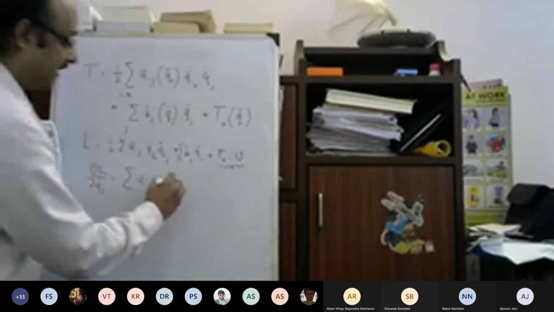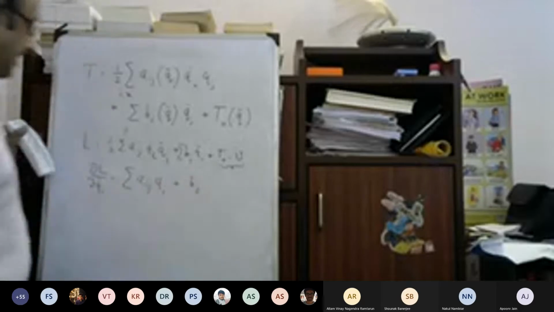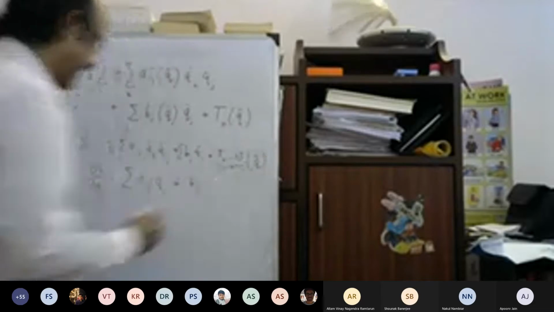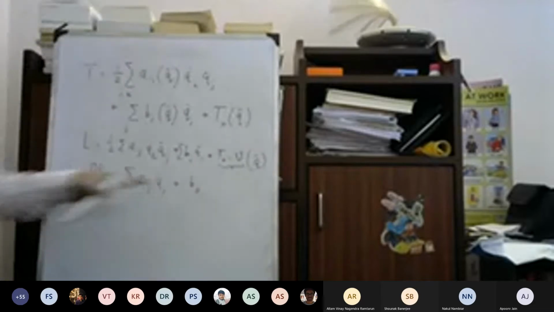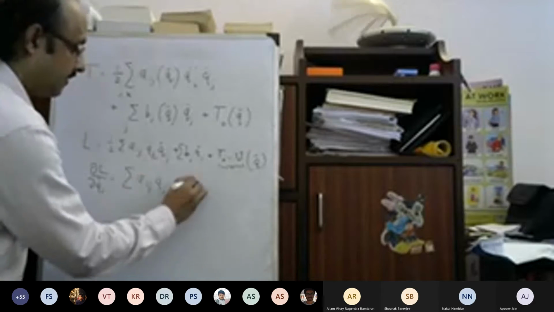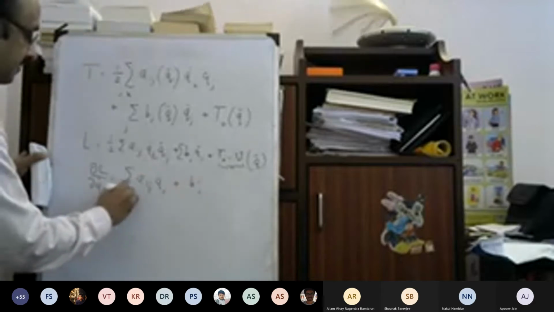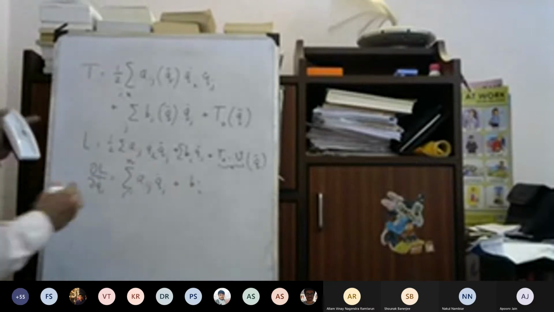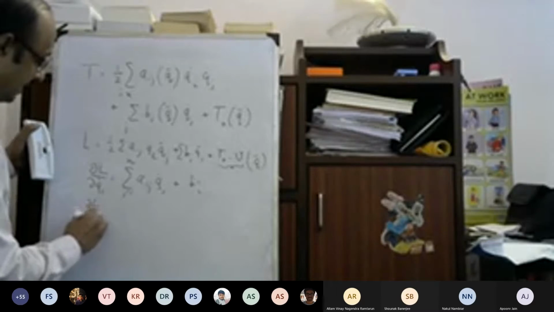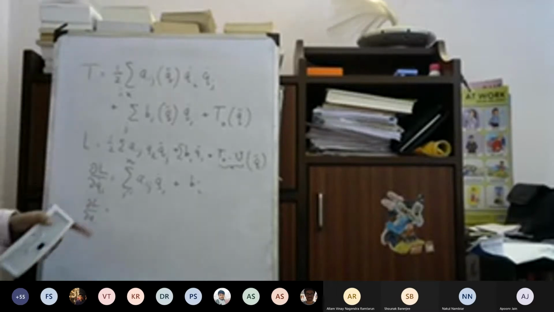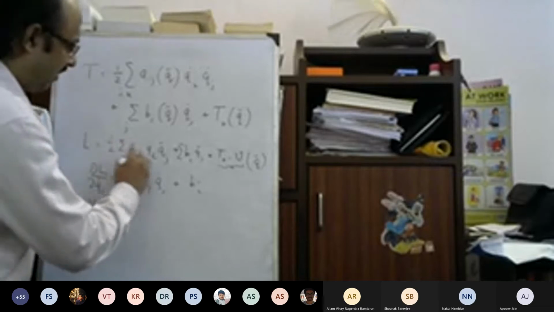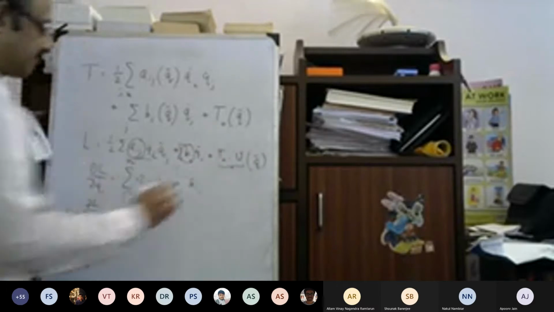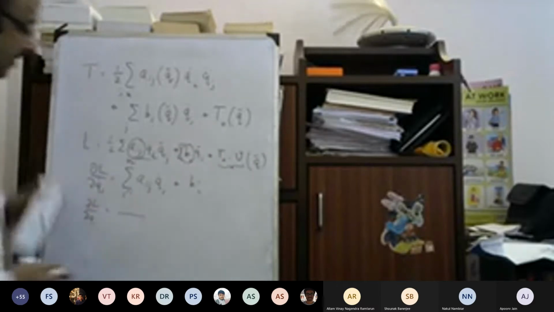If you take the partial derivative, then this will be bj. There is no contribution from this term because these are all functions of q. If I take the partial derivative with respect to q dot, I'll get this sum over j equal to 1 to n. And del L del qi you'll get from all these expressions, because these are all functions of qi, so the derivative of all these terms will appear in this particular form.